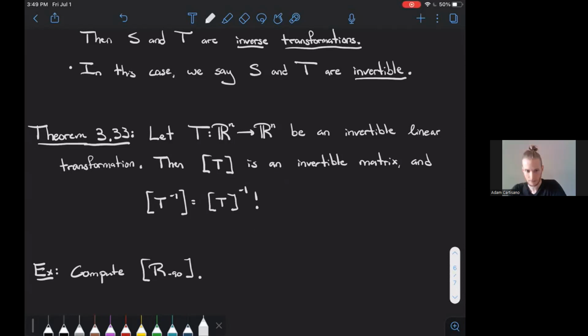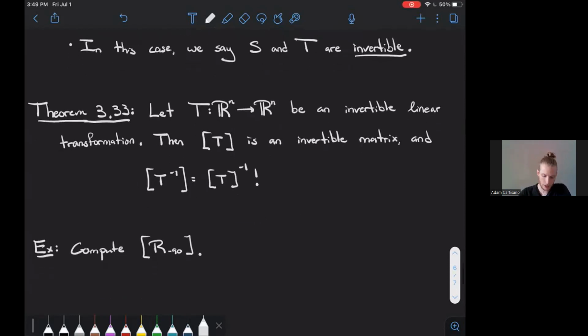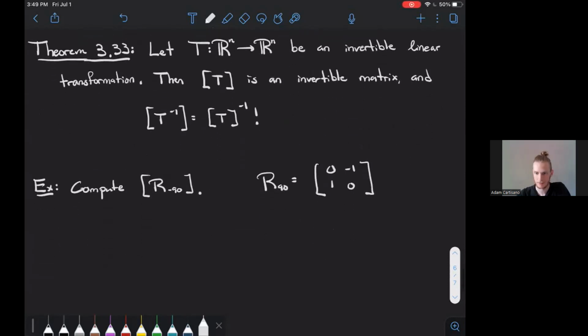Again, it's a great formula. Just super nice. So we want to compute R of negative 90. Now remember, R90 was this guy: 0, negative 1, 1, 0. We want to compute that thing's inverse.